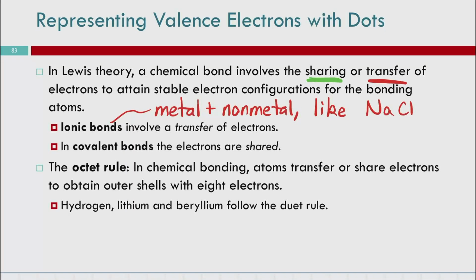In covalent bonds, the co, like cooperative, working together, and valent being the outside, so they're sharing their outside electrons. And this is going to be in molecules.